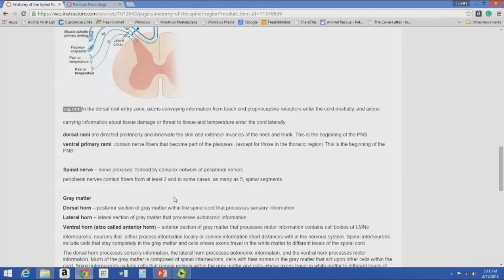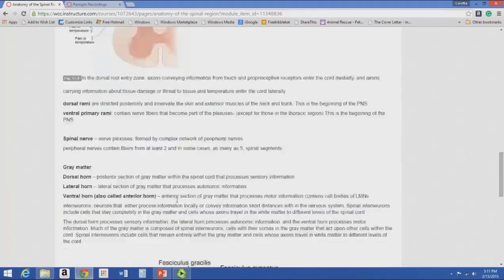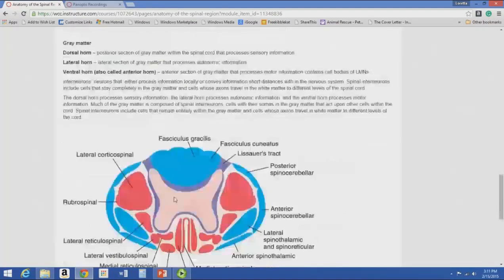It makes sense. If you have an injury in one spinal segment, you have innervation from other spinal segments that can sort of take up the slack, so you don't lose complete function in that nerve. So in the spinal cord itself, we've seen this cross section before, probably way back in Chapter 1 or 2.